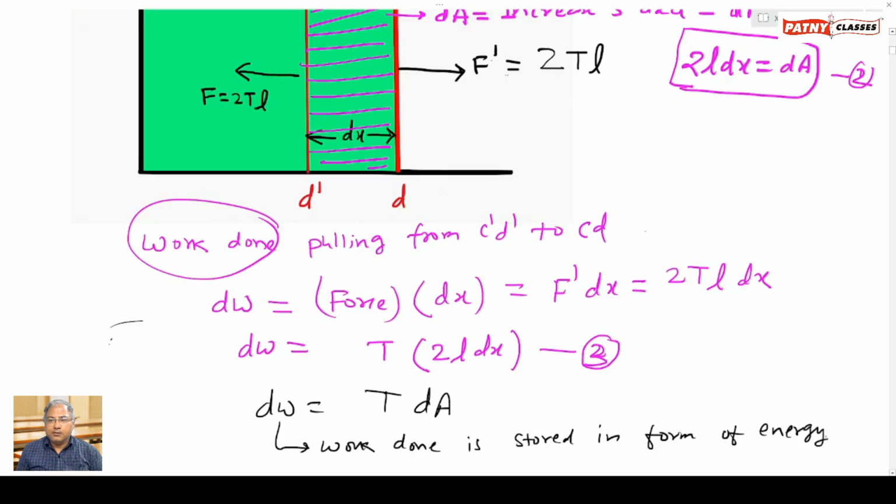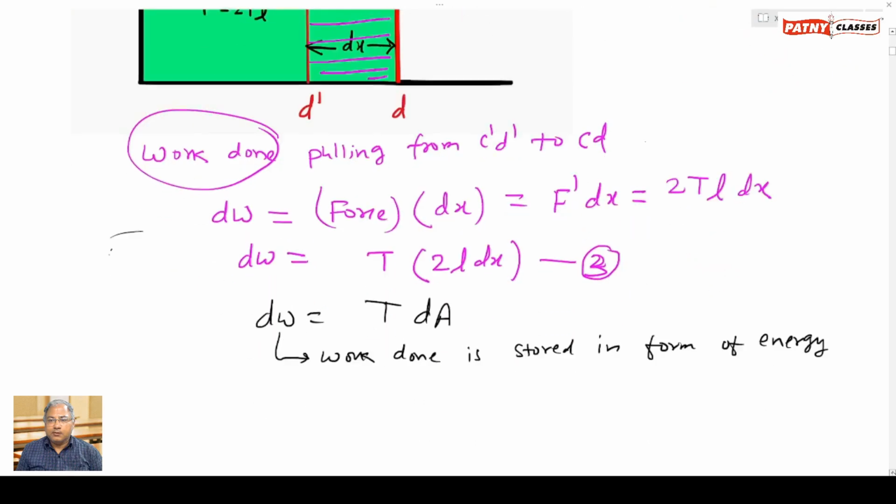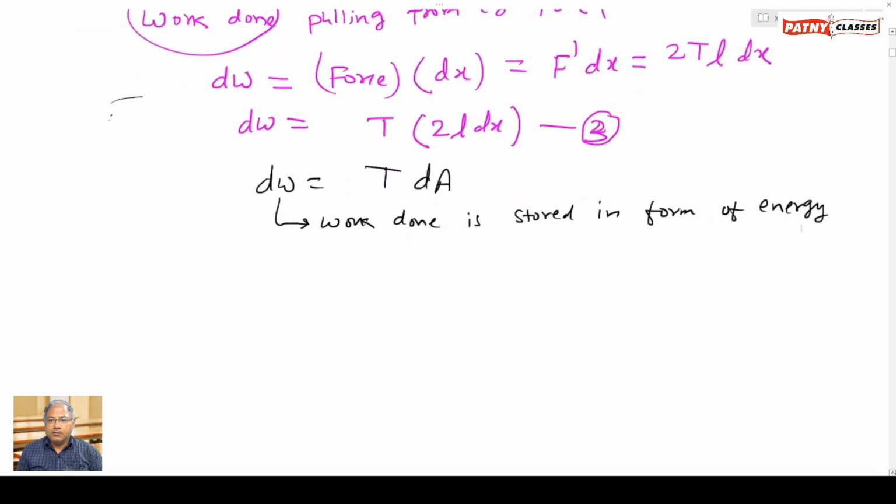It is stored in the film of the liquid. And this energy is nothing but what is called surface energy. So work done is stored in the form of energy, and that energy is called surface energy.